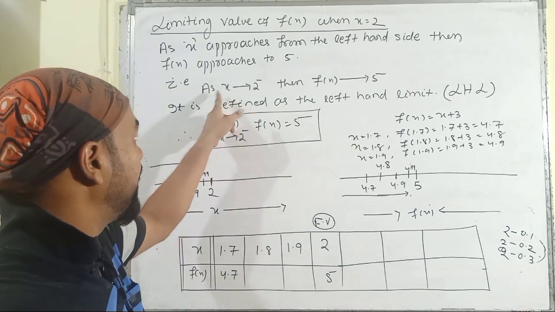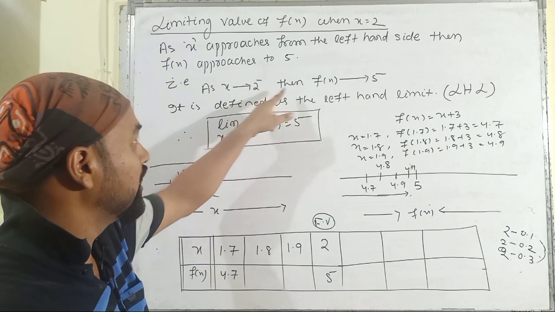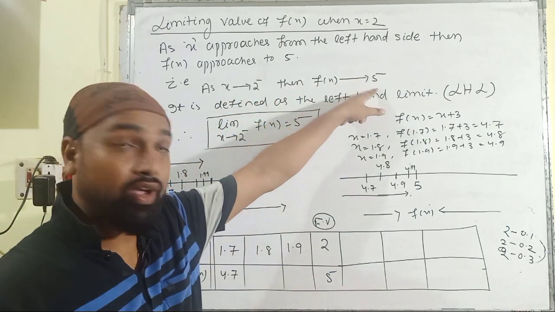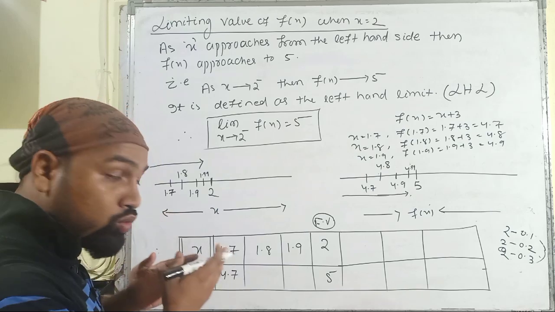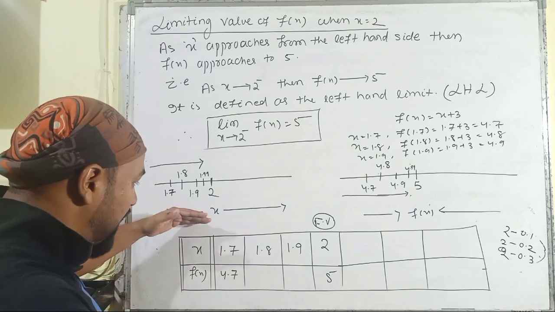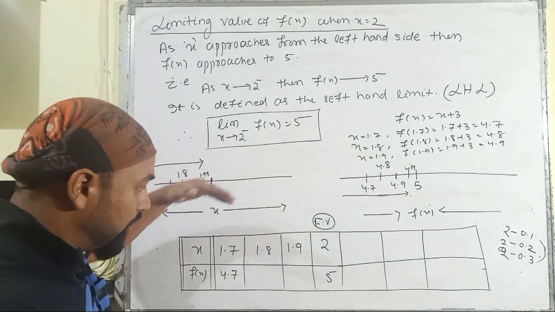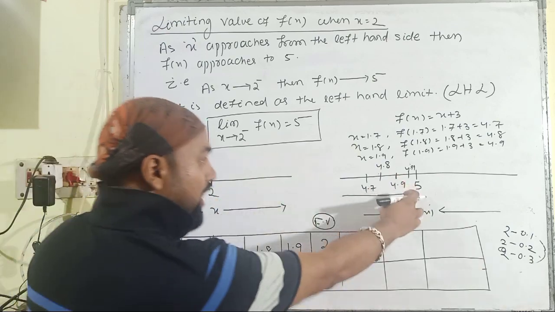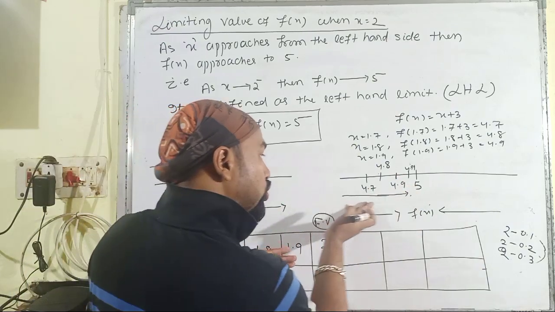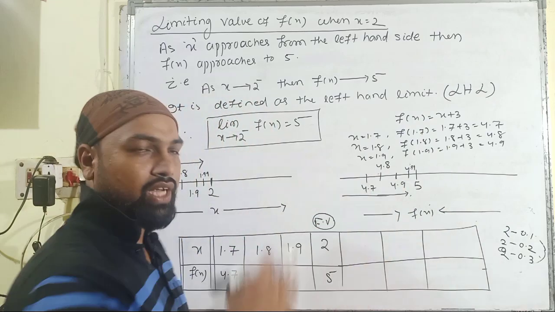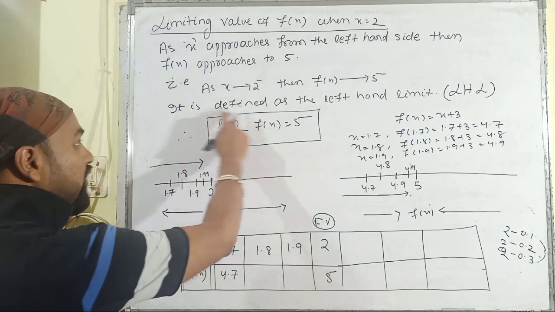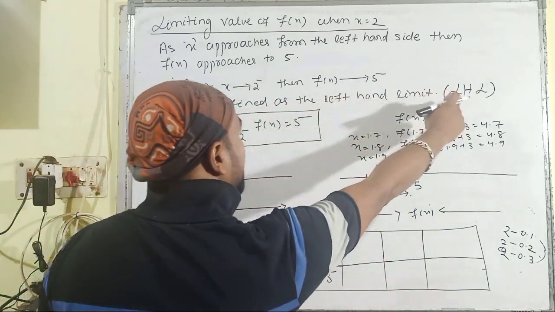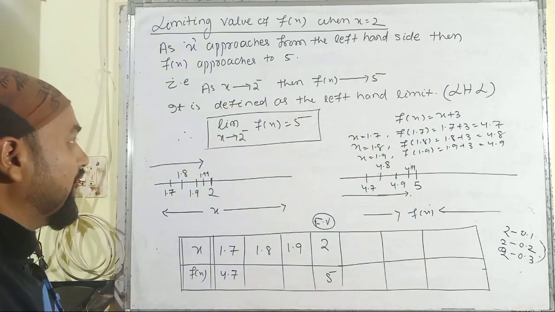So we denote it as x tends to 2 minus, then f of x approaches 5. That means whenever we are approaching the value 2 from the left hand side, the value of f of x also gets closer to 5 from the left hand side. This is defined as the left hand limit, and it is denoted by LHL.